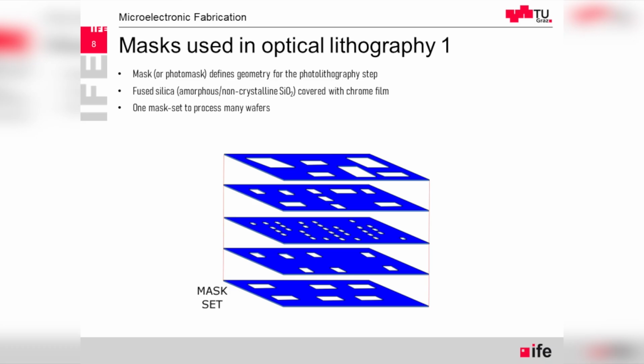We have the patterning. We need to define the shape of each layer, and this is the photolithography that is responsible for that. So there will be a set of masks, as you can see here conceptually, and they define this geometry. The mask has to be very, very robust, because the same set of masks we use many times to process many wafers.